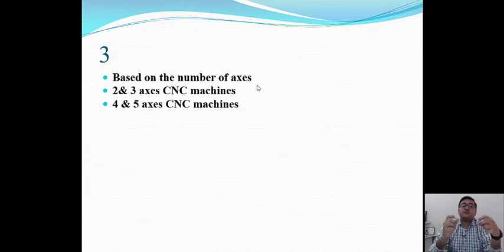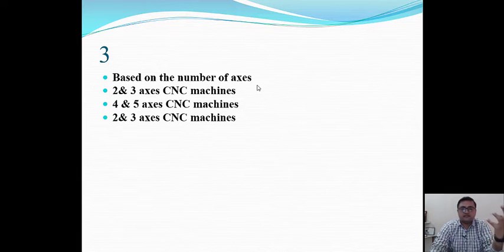on the number of axes, having two subcategories: 2 and 3 axis CNC machine, and 4 and 5 axis CNC machines.